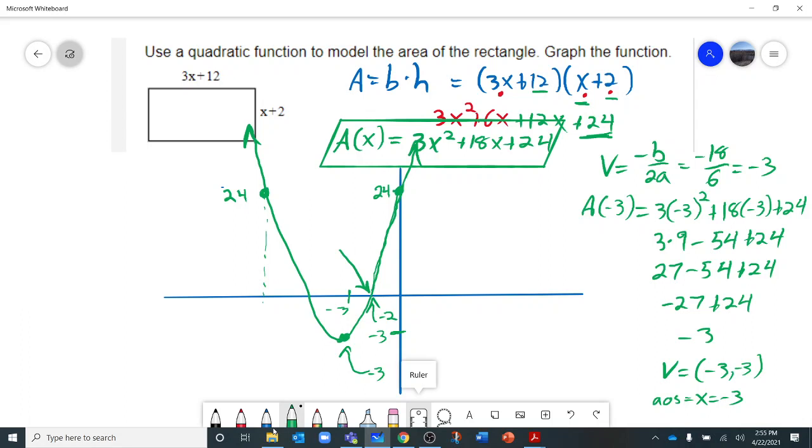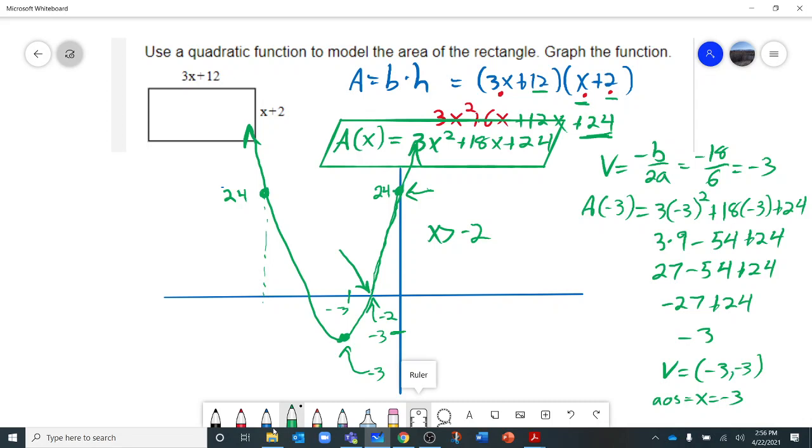That's a different problem. Anyway, so x has to be greater than negative 2, otherwise you can't actually get an area, not a real one. And then it goes on up from there. When x is 0, the area is 24, and it just keeps going up.